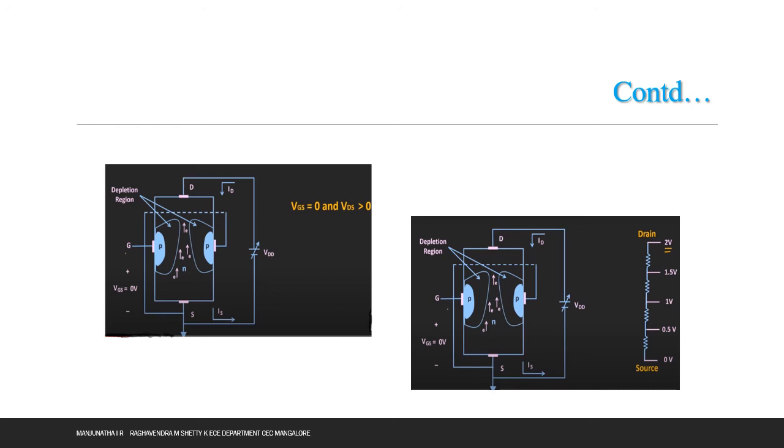So in a series fashion, the voltage drop across the resistors starts decreasing. If we compare the same concept here, the voltage drop across the top level is more compared to the bottom level. So the depletion region is larger at the top level as compared to the bottom level. This is what I try to convey here.